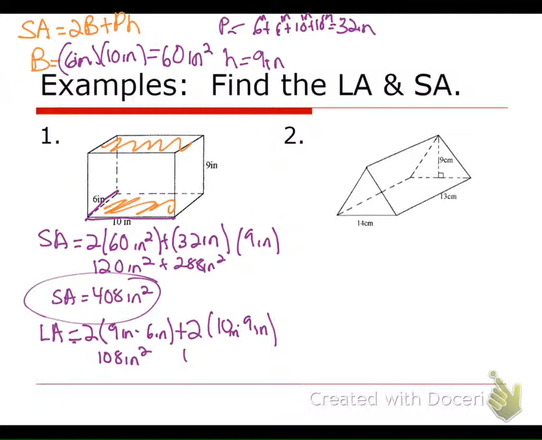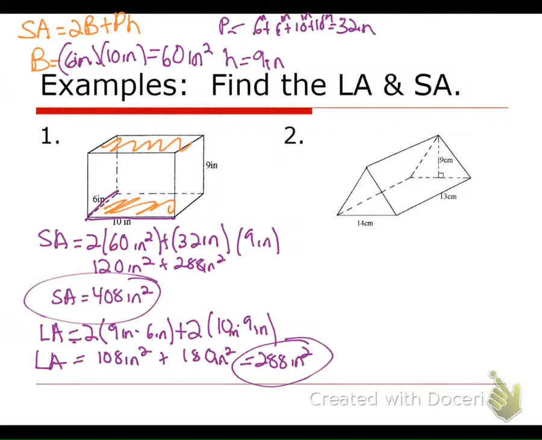Over here we have 180. When you add these together, what value do you get? 288 inches squared. So when you look at this, and you look at our original surface area formula, which portion of this matches?